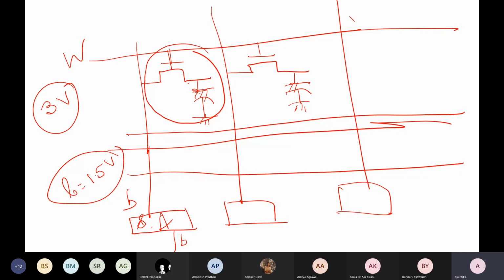Now based on whatever you have stored before in this capacitor, whether it was in state 1, there will be small discharging in this part. If it was in state 0, then there will be some charging in this part.